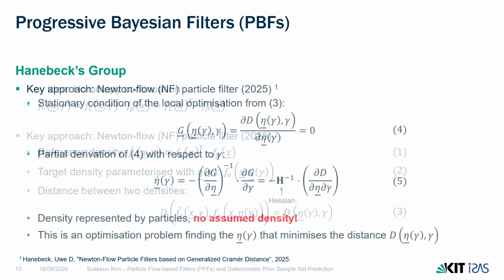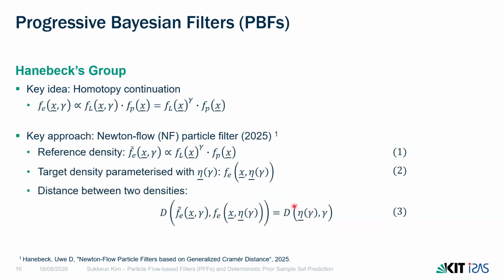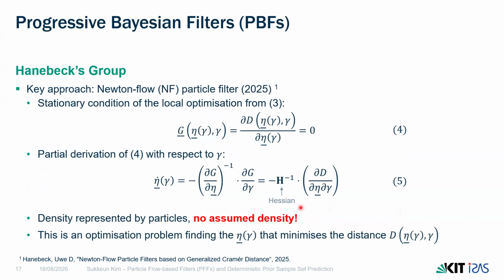And so it's quite simple. What we really want to find is eta, because we already parameterized this target density with eta. So we just need to find the eta. That's what we need. Then how do we do that?